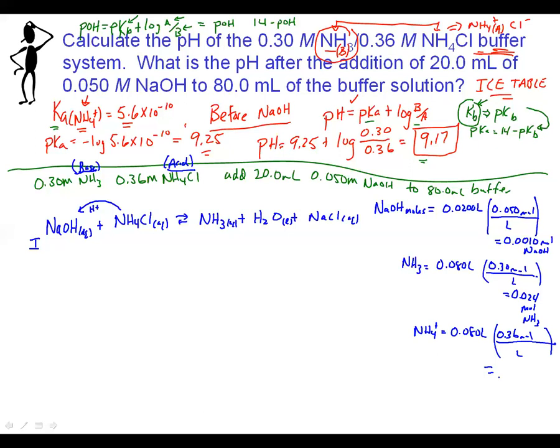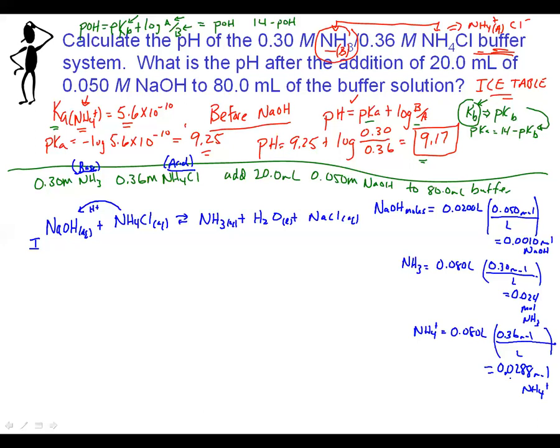Make sure I did that right. 0.0288 moles of our NH4 plus. Any questions on those calculations? So again, we're just converting molarity and volume into moles. We want to make sure we're in liters to do that. And these are going to be our initial concentrations in our table here.